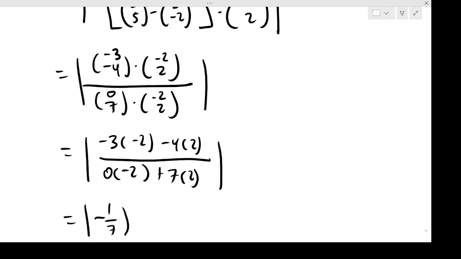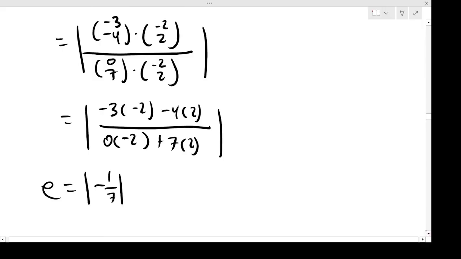Okay. So that's E. Now, of course, this is where the modulus comes into play, because we need to then flip it to a positive. So the whole idea with these sort of modulus signs is that we flip negatives to a positive, right? So therefore, E is just a positive answer. So it's just positive a seventh. Okay, and there we are.